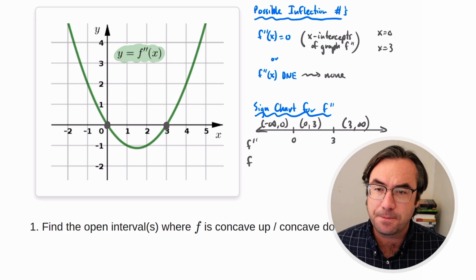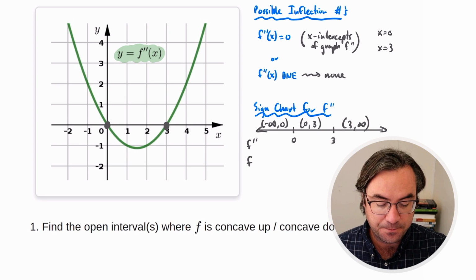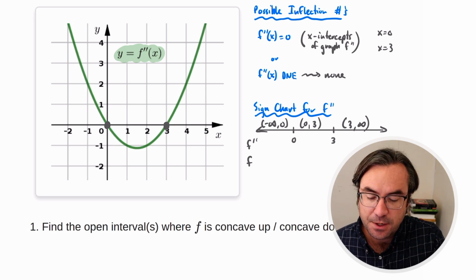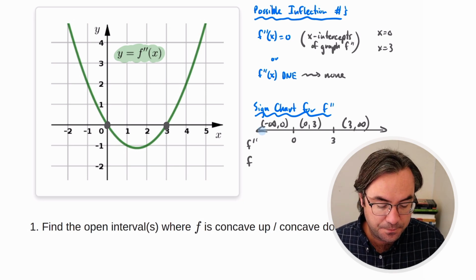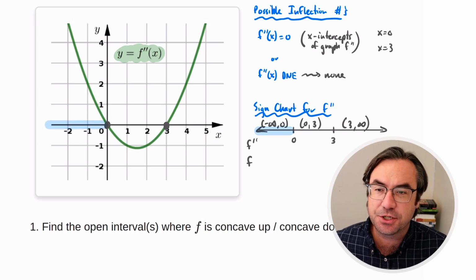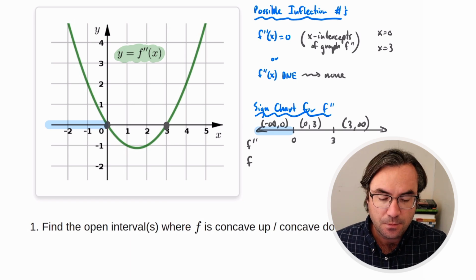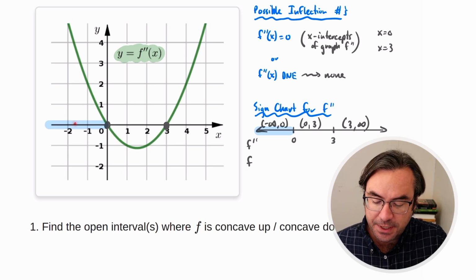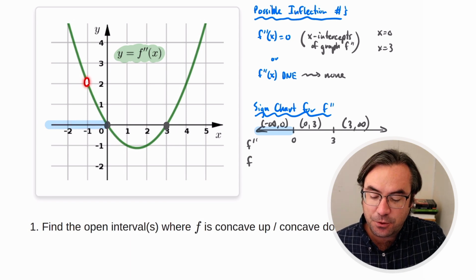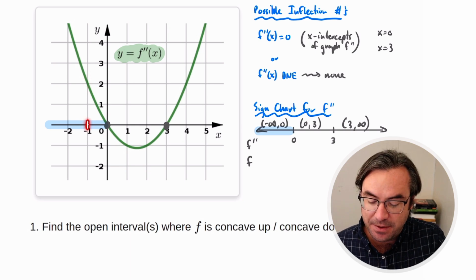All right, so let's start with the first interval, minus infinity to 0. That interval, if we look at our graph, corresponds to this section of the x-axis. So pick a test number somewhere in this interval and look at the corresponding point on the graph. So maybe -1.